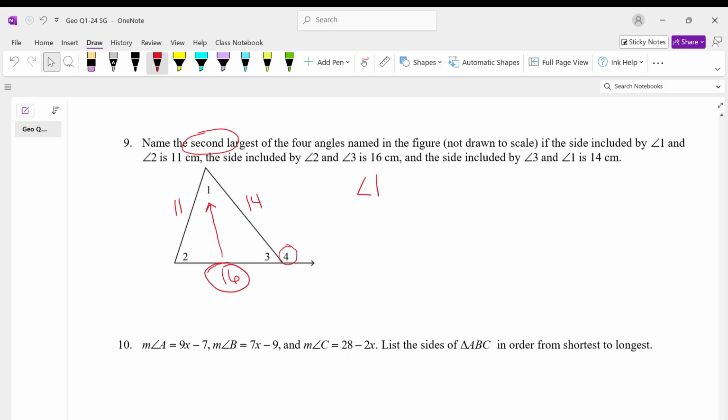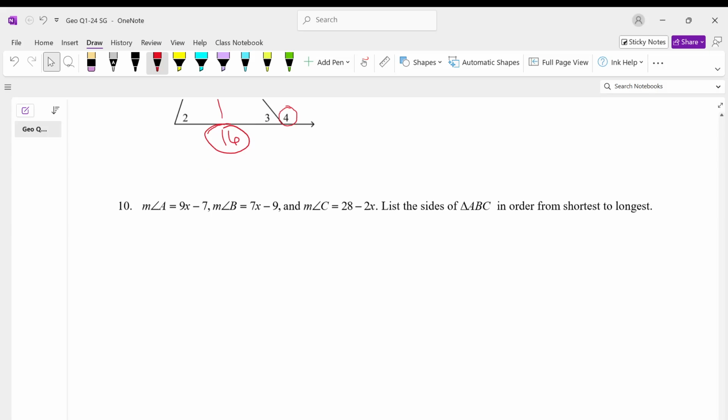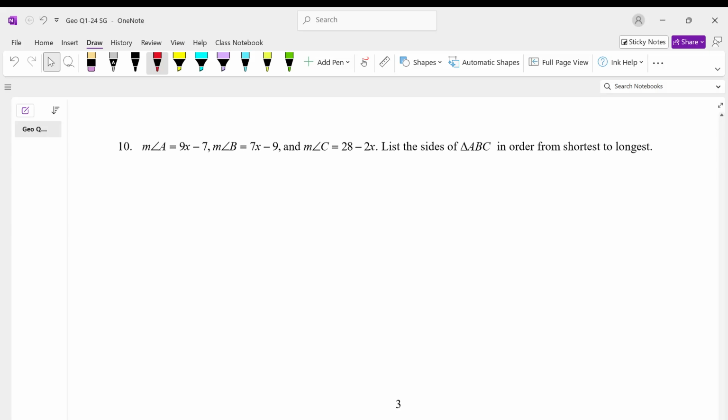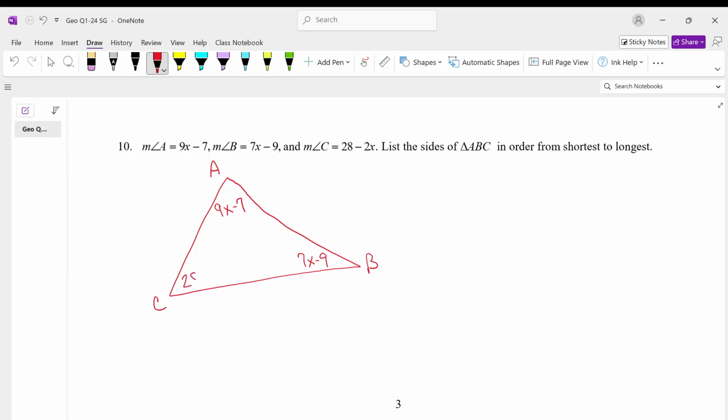Problem number 10. All right, we need to draw a triangle. Label it A, B, and C. The measure of angle A is 9x minus 7, angle B is 7x minus 9, and angle C is 28 minus 2x.